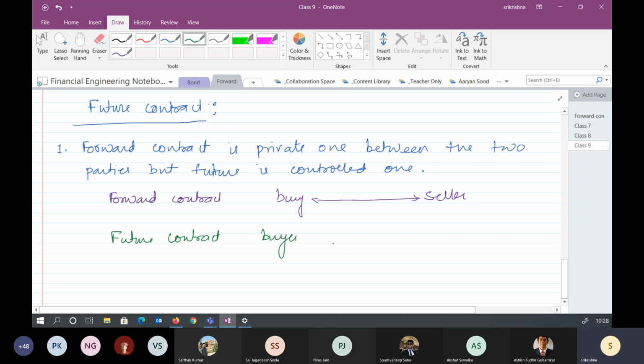You have a clearing body, a financial institute, which is governing this. So the buyer is dealing with the financial institute and the seller is also dealing with the financial institute. They might not be knowing each other. So there is somebody in between buyer and seller.